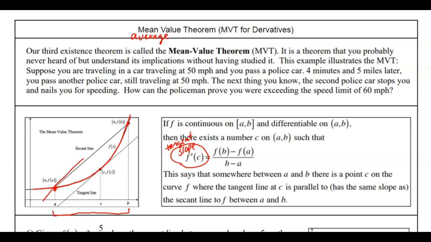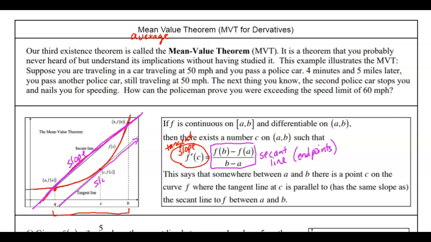So we take this slope. I'll make it purple. Well, the slope between the endpoints is called the secant line. Okay, so it uses the endpoints. And we set them equal to each other, that somewhere on our curve, the slope of this secant line has to be the same as the slope of the tangent line.